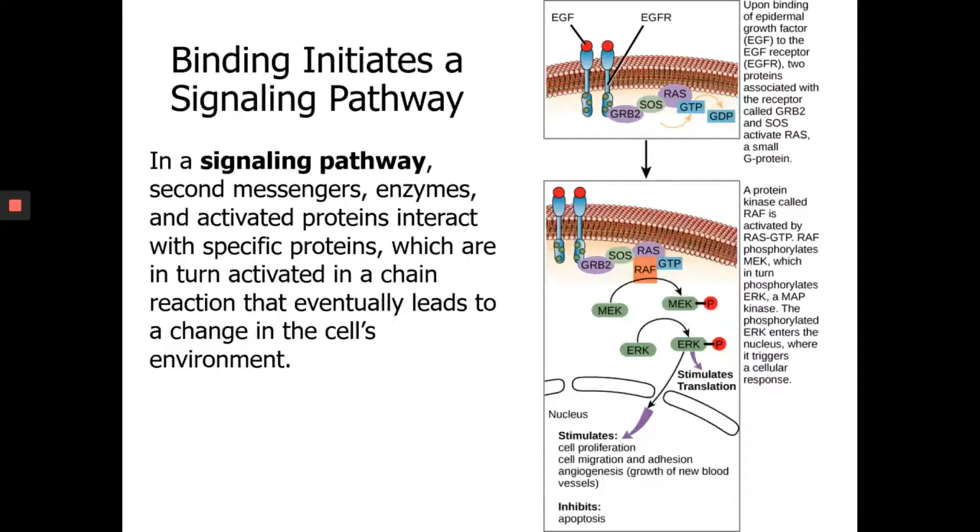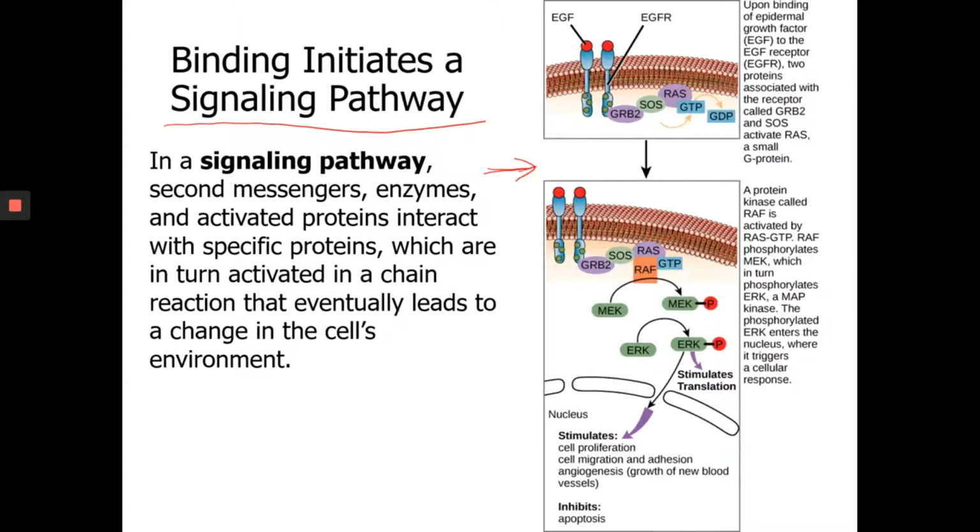All right. So this slide looks a little bit busy, right? Especially this figure right here. So the take-home message from this slide is that the initial binding, especially for the cell surface receptors, is going to initiate a signaling pathway.